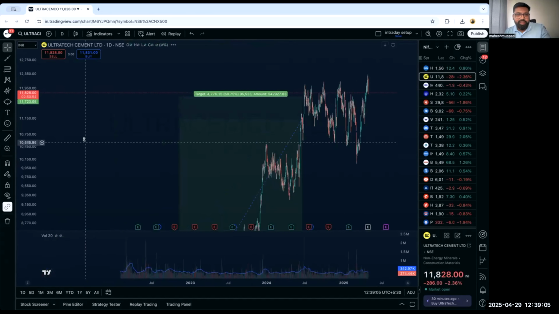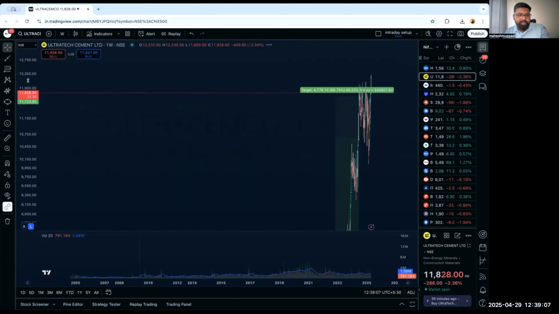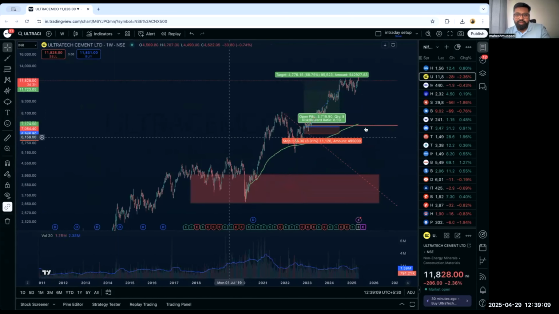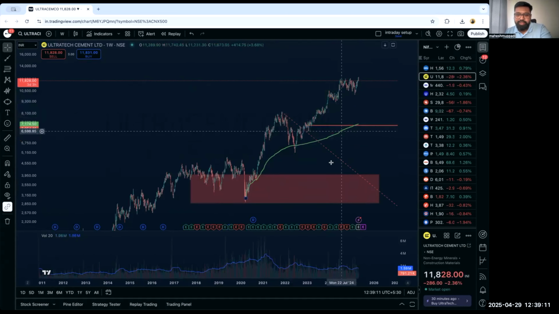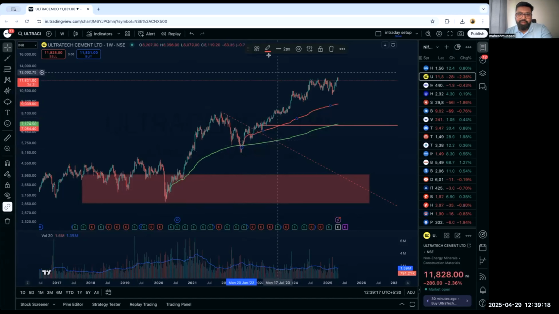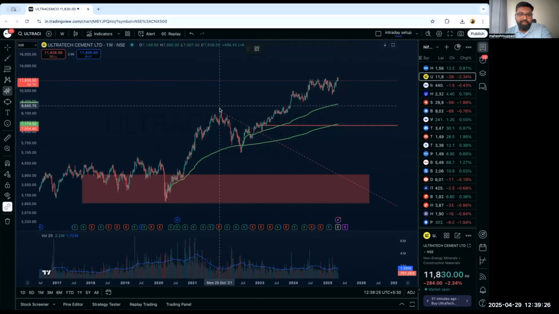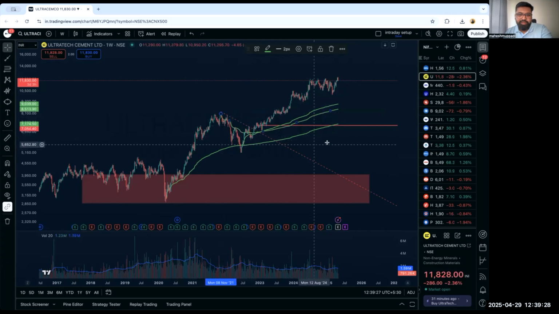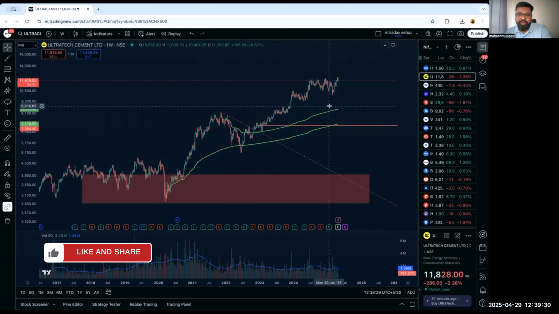Again, one more example, Ultratech, which is on a strong support. See, I have applied it to this swing. Now if I apply it to this swing, it's a good momentum level. When price corrected, you can remove this.